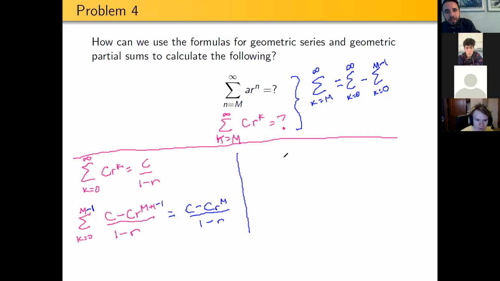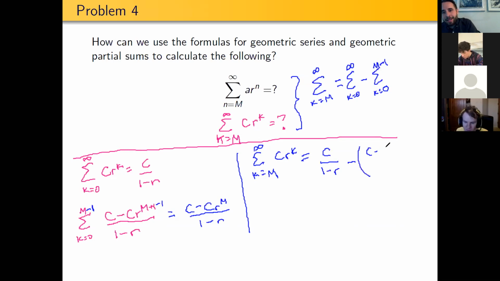And so that ends up being, draw a line here. So we end up getting that the sum as k goes from m to infinity of c times r to the k is equal to c over 1 minus r minus c minus c times r to the m over 1 minus r.